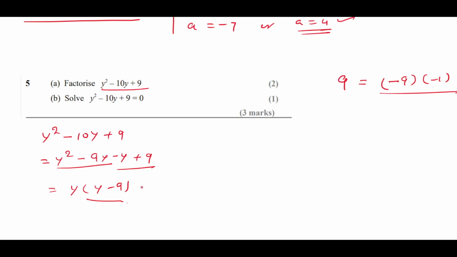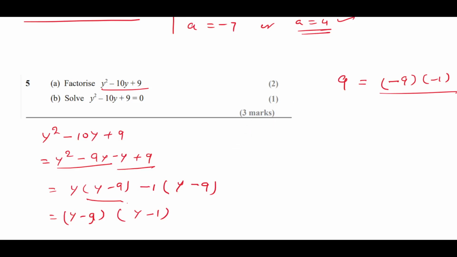So for that we take -1 as the common number. So -y divided by -1 will give me y, and 9 divided by -1 will give me -9. So I get -(y - 9). Now I will take y - 9 as a common factor, and here I get y - 1. So this is my factorization. y square - 10y + 9 can be written as (y - 9) times (y - 1).